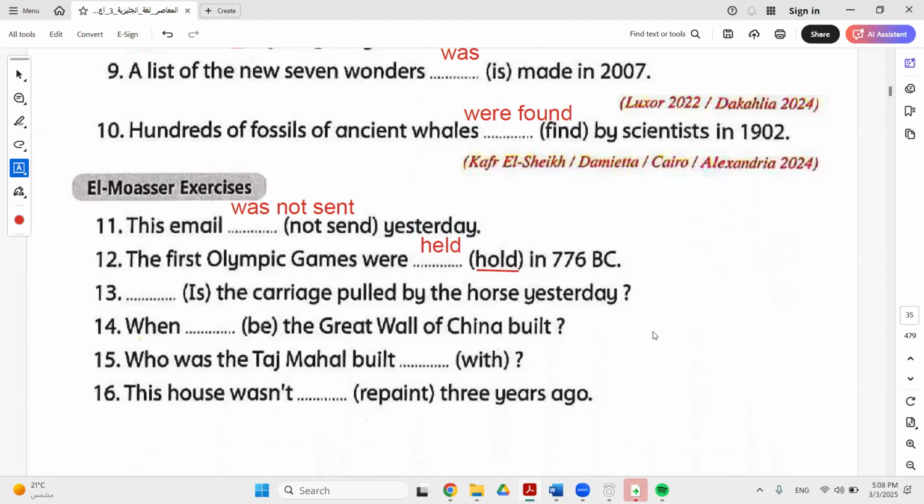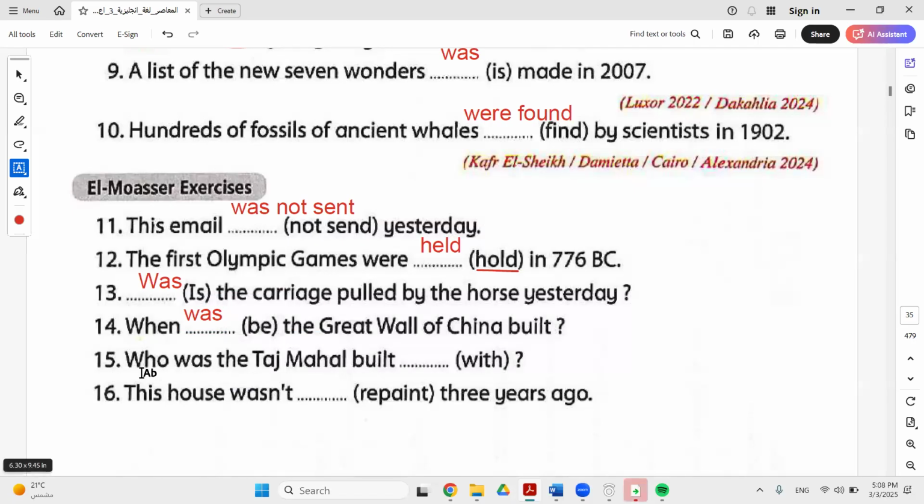Number 13, Mu'tazim Muhammad. The carriage was pulled by the horse yesterday. Number 14, Mazan Ali. When was the Great Wall of China built? Perfect. Number 15, Malik Sha'rawi.